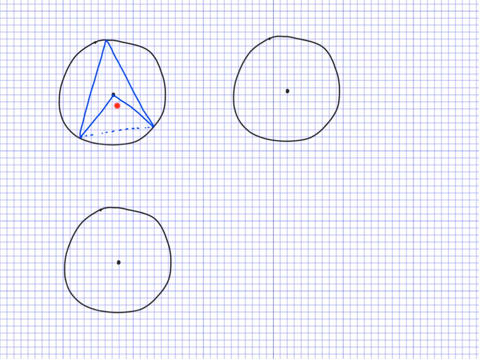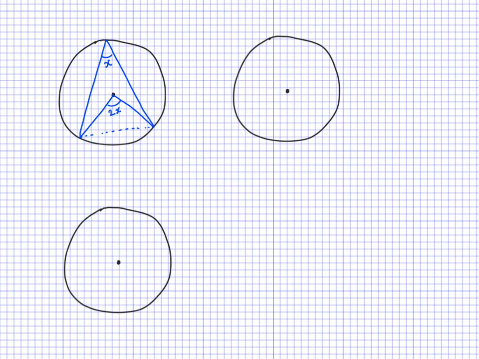This angle at the center will always be twice the value of the angle here. So if the angle at the top is x, this angle will always be 2x. The other way to say it would be, the angle at the center is twice as big as the angle at the circumference, or the angle at the circumference is half as big as the one in the center.